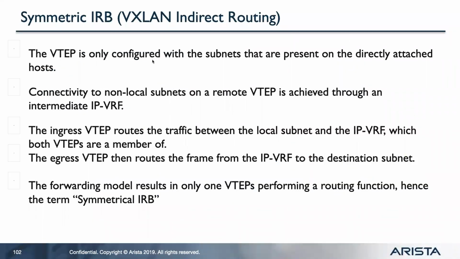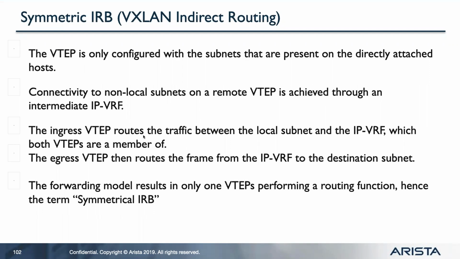So a VTAP is only configured with subnets that are present on directly attached hosts, right? You will not have all the SVIs present on all the VTAPs. You will have only the SVIs which have hosts under that VTAP, that subnet. And connectivity between two VTAPs or two SVIs will be established through the IP VRF, right?